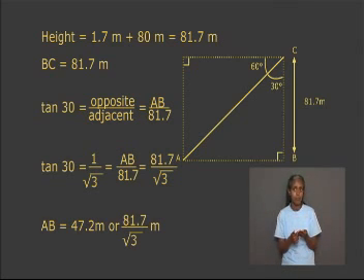Therefore, the length of AB is 81.7 meters over the square root of 3, or 47.2 meters. Good work, students.